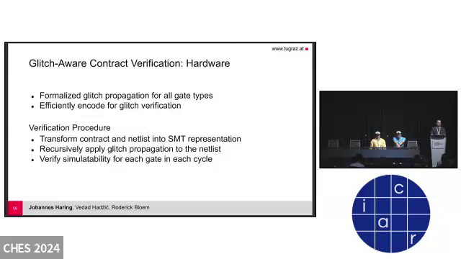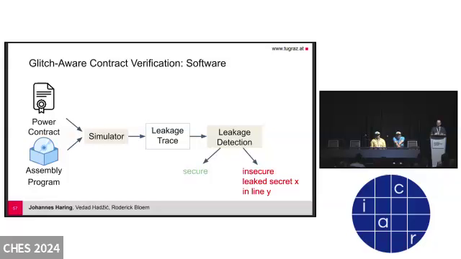as I said before, we only have to do it once for the hardware, and after that, we perform software verification, which is a lot faster. For software verification, we use the power contract and the assembly program, feed it into a simulator, which gives us a leakage trace, which is basically just a symbolic representation of all the leakage that's happening.